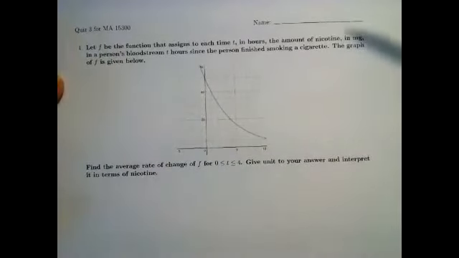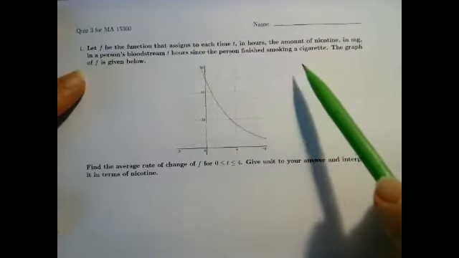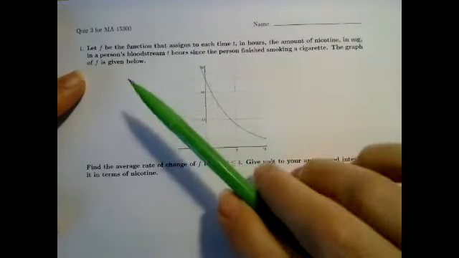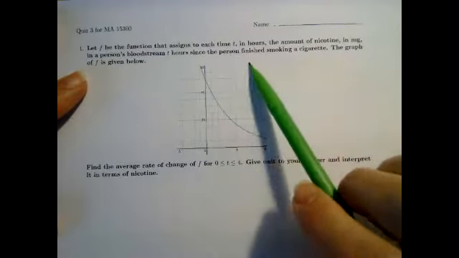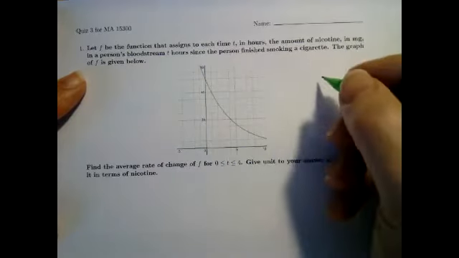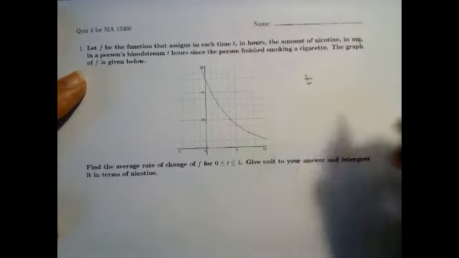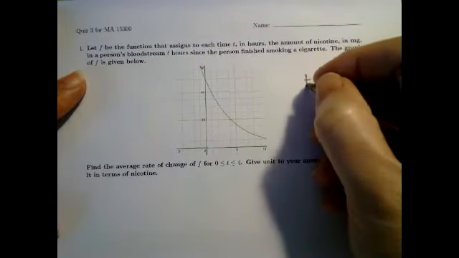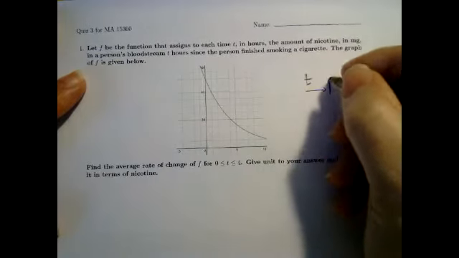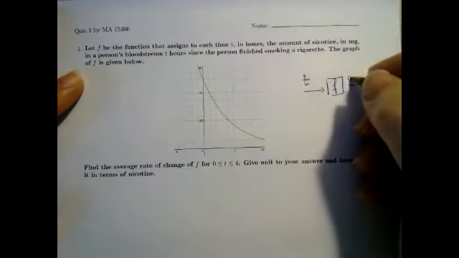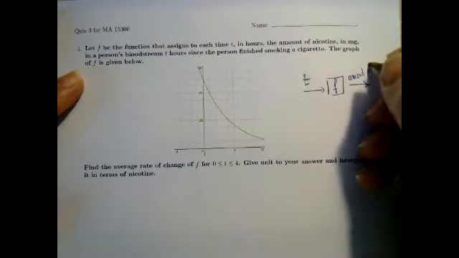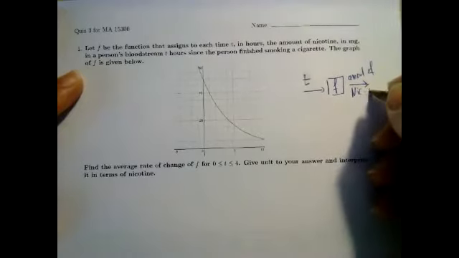You have a function that assigns to each time t in hours the amount of nicotine in milligrams in a person's bloodstream t hours since the person finished smoking a cigarette. So you give this function the time, that's your input, and it will give you the amount of nicotine at time t, how much nicotine you have in milligrams.